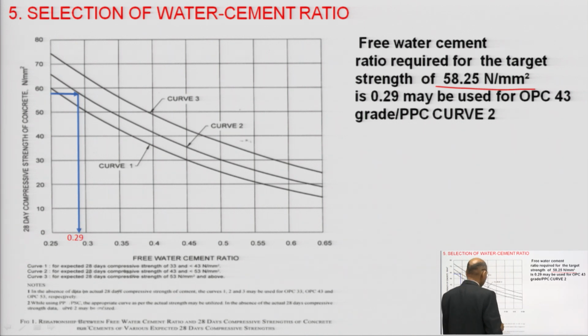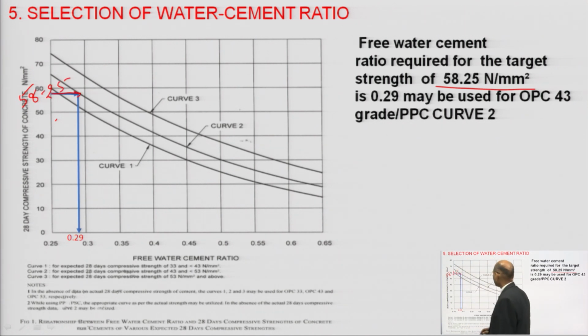This curve has also been taken from the same graph. Here this value is 58.25. From here you come and take this graph, because this graph is meant for ordinary Portland cement of 43 grade, as well as for PPC and also for granulated GGBS.